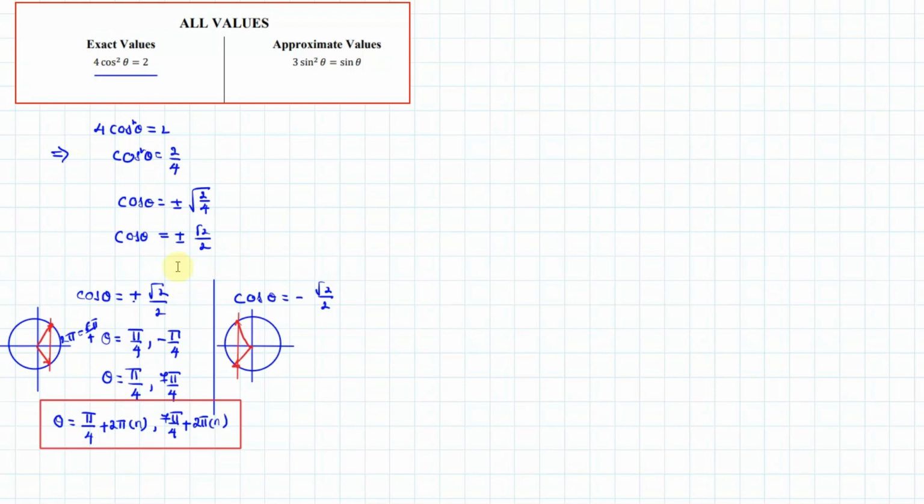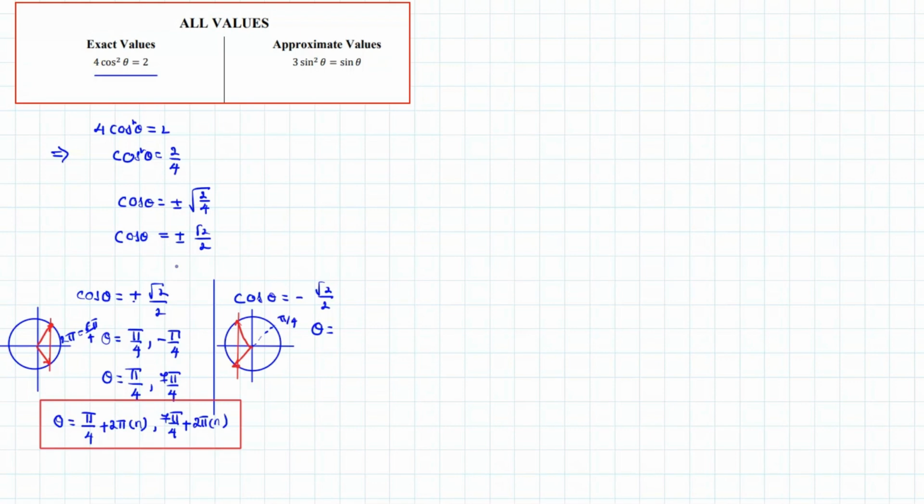And these angles are symmetric about the x-axis. So this is pi over 4 and this is pi over 4. So this angle is pi, or 4 pi over 4, and adding pi over 4 to 4 pi over 4, we have 5 pi over 4.